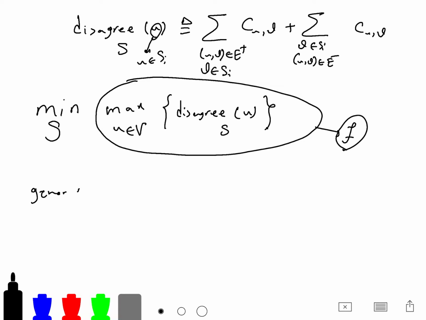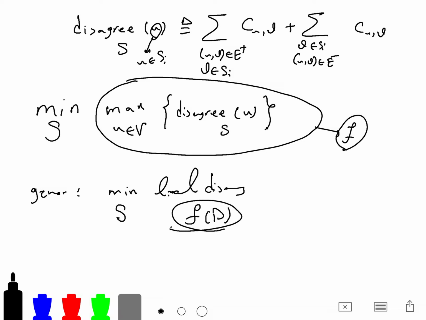And so the general formulation is that we want to minimize local disagreement. You call it f of d. Minimize over S, but local disagreement is the f of d function. f could be maximum, for example.